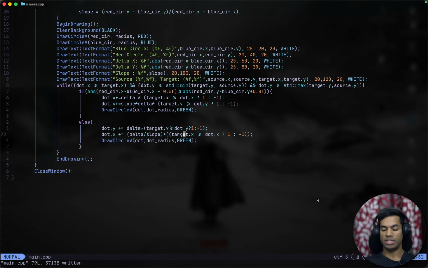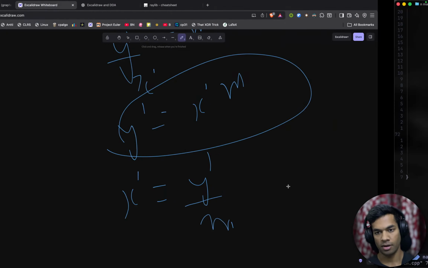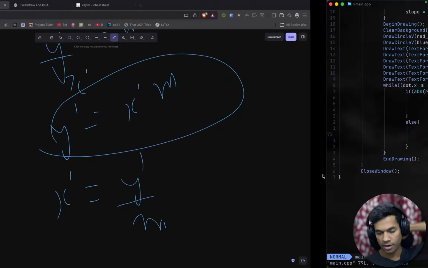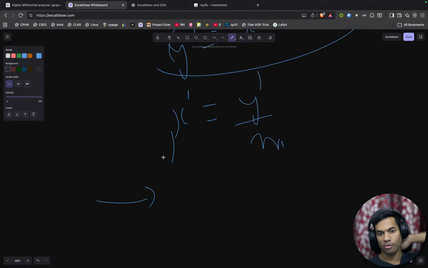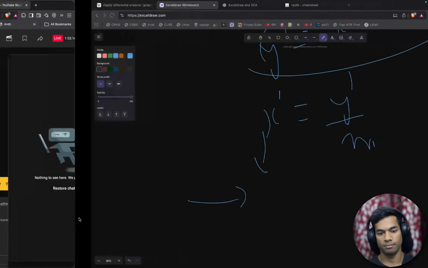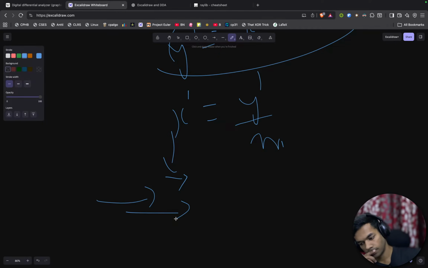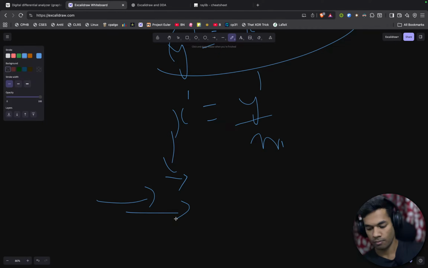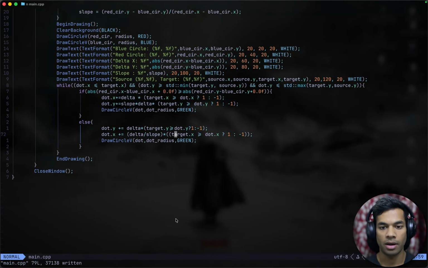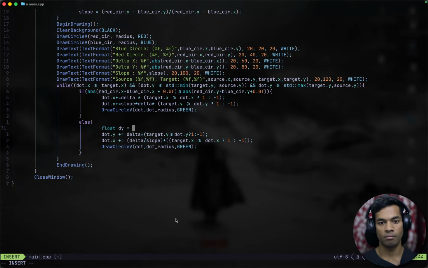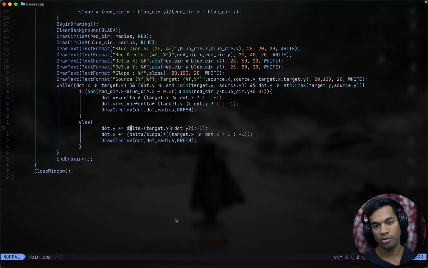But yes, there is also the fact that slope of x and y are different because x is measured from left to right, but y is measured from top to bottom. So there is this discrepancy. Instead of multiplying this thing by, let's say float dy equals delta. Well, delta is always positive, so this is nice.